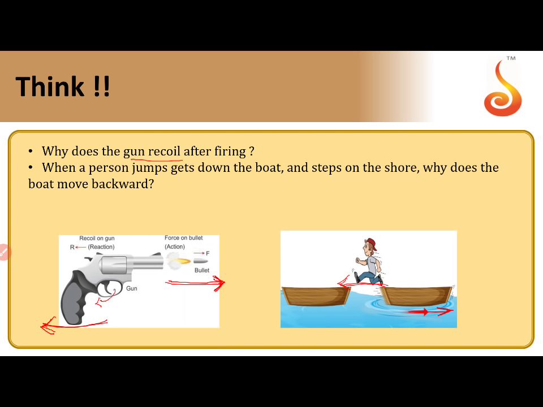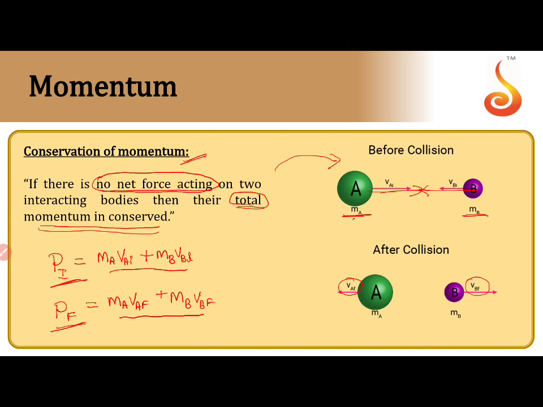Then we spoke about the recoil of the gun and the pushing of the boat back when the person jumps ahead. This is due to the conservation of momentum. Here, the law of conservation of momentum states that when there is no net force acting on the system of colliding particles, then the total momentum remains conserved.